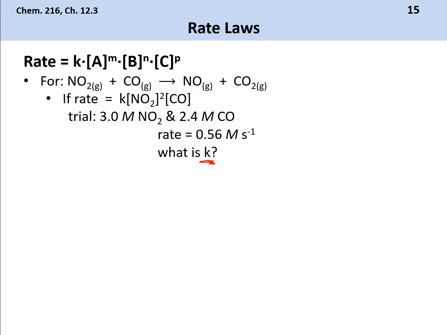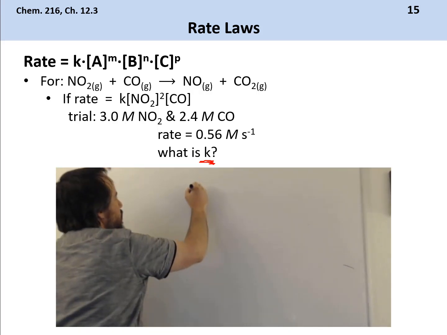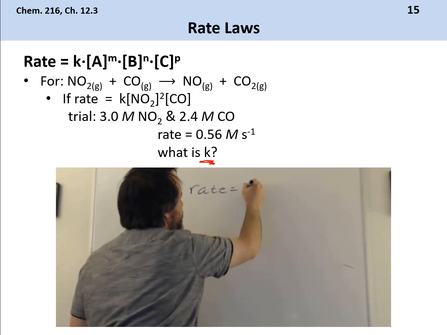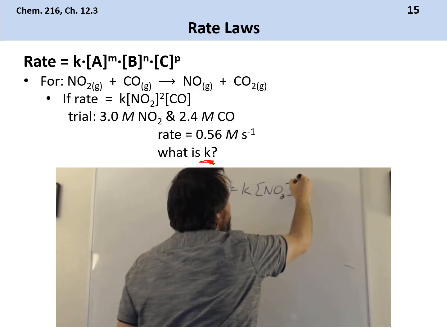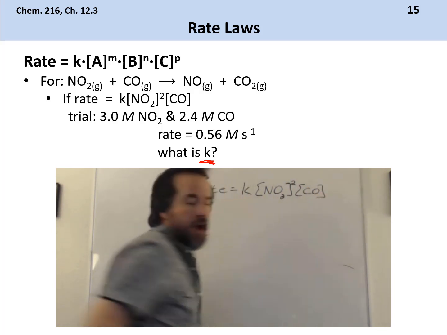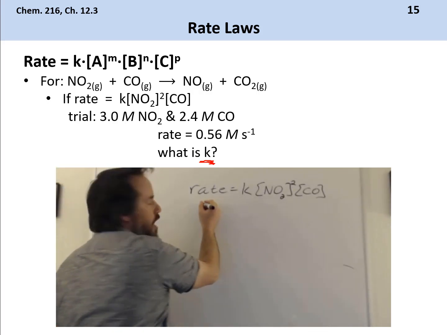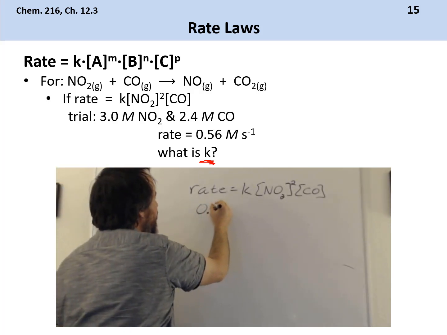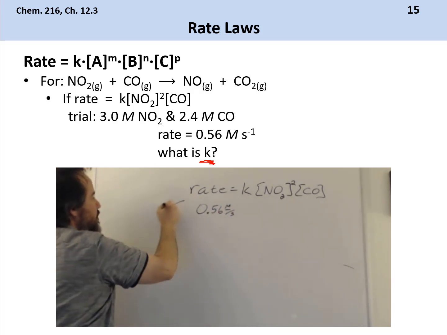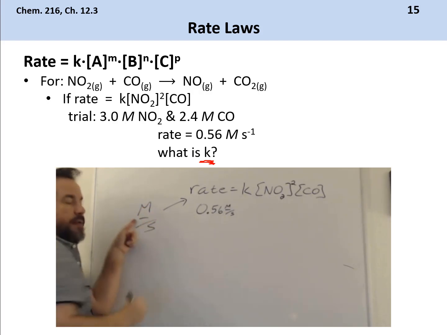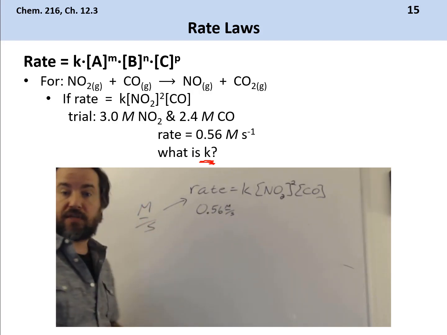We do this experiment with certain values for NO2 and CO concentration, and we get a rate. So we do a trial, and we're told that we get 0.56 molar per second. Rates are always in molar per second, or moles per liter per second.